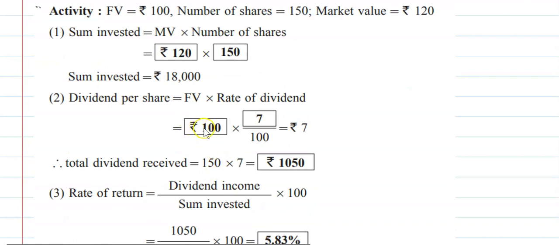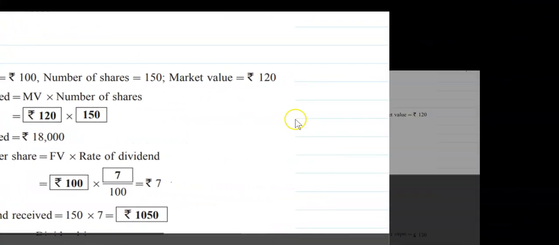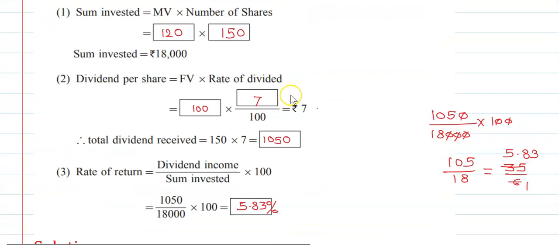Dividend per share is equal to 100 into the rate of dividend 7 upon 100, that is 7. Total dividend received 150 into 7, that is rupees 1050. Rate of return is equal to dividend income upon sum invested into 100, 1050 upon 18,000 into 100, that is equal to 5.83%. And this is the answer.